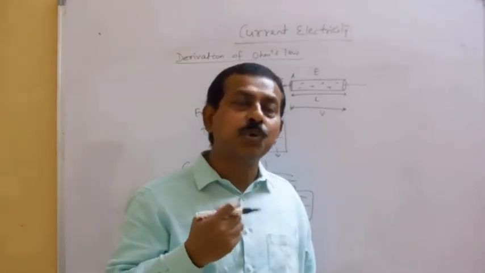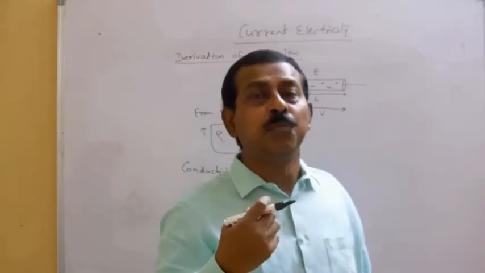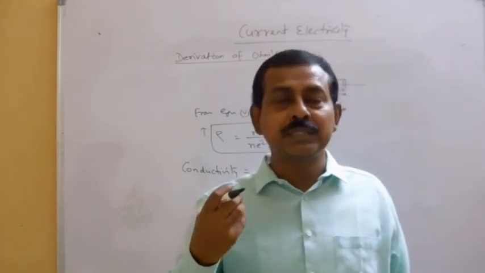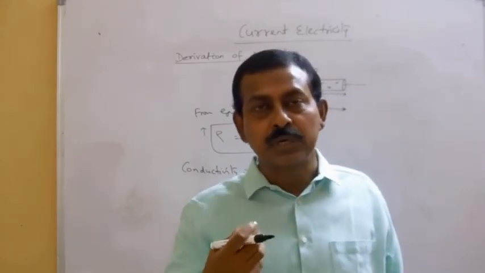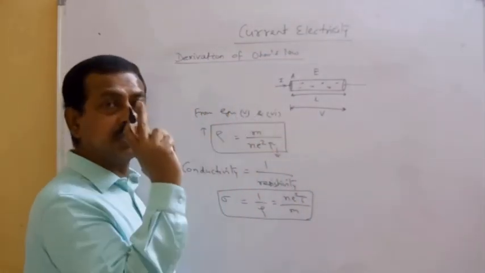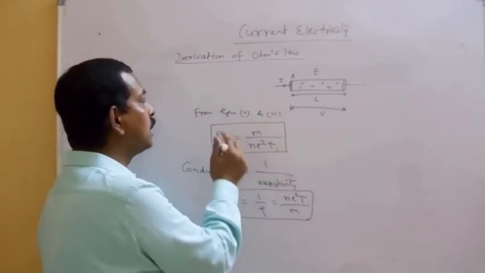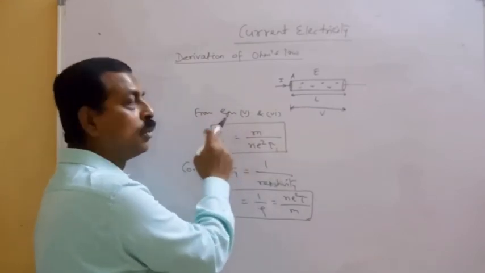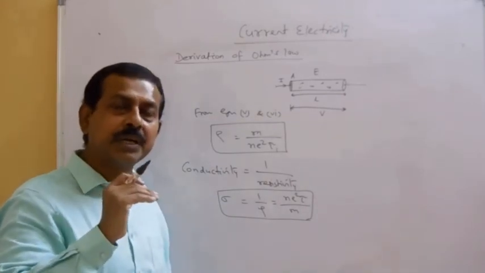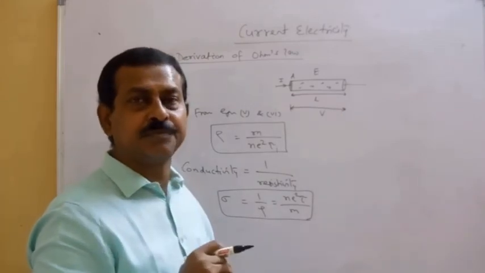So there will be more free electrons, and per unit volume there will be more holes present. So this n will increase there. And if n is increasing for a semiconductor, the specific resistance will decrease. That is why the resistance of a semiconductor decreases with rise in temperature.